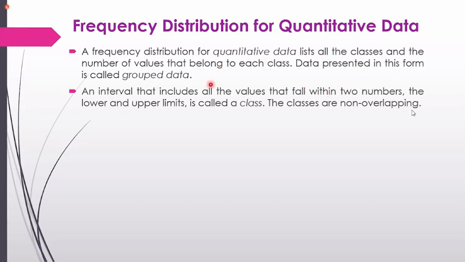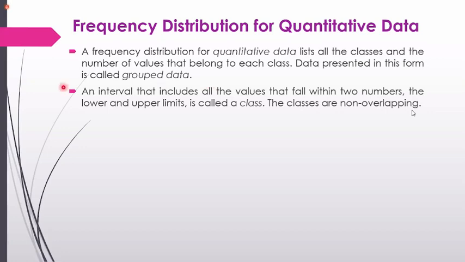Right? For numerical data, we can form two types of frequency distributions: the ungrouped frequency distribution and the grouped frequency distribution. If we give the classes in interval form, that is called a grouped frequency distribution. If we give just the numbers without classes, then that is called an ungrouped frequency distribution.